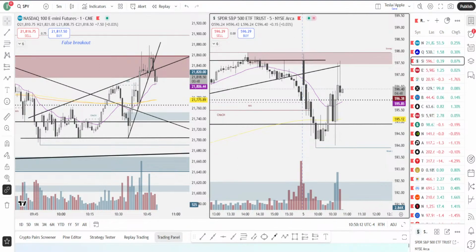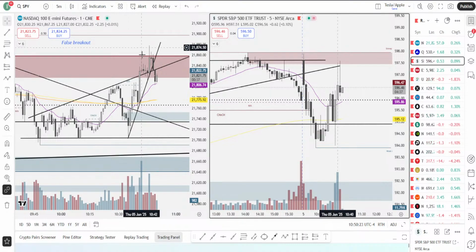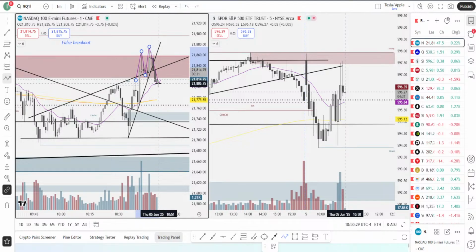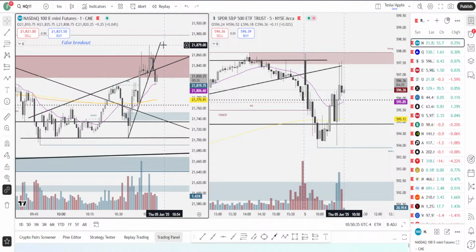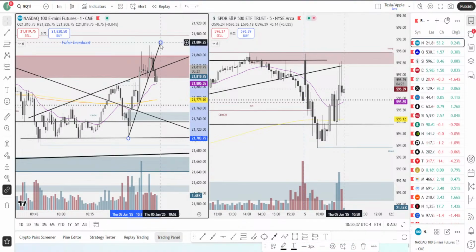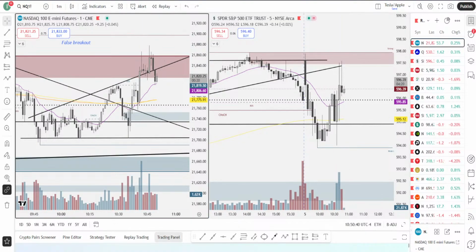It's looking like a double top here on the Qs.